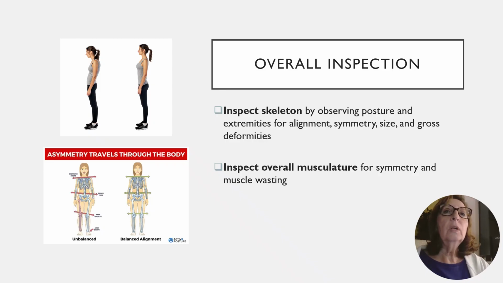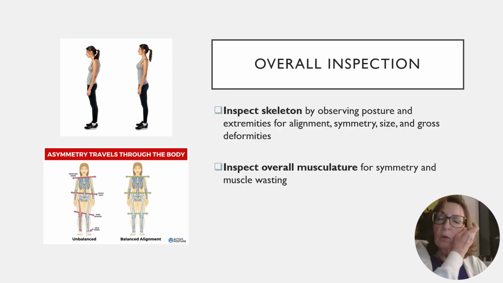And when you're looking at symmetry, when you look at the picture on the bottom left, you're going to see, for example, on the left, the patient's all kind of out of whack. The shoulders are not level, the hips are not level, and the knees are not level. So there can be a lot of things that can cause that, but these are things that we need to note and pay attention to.